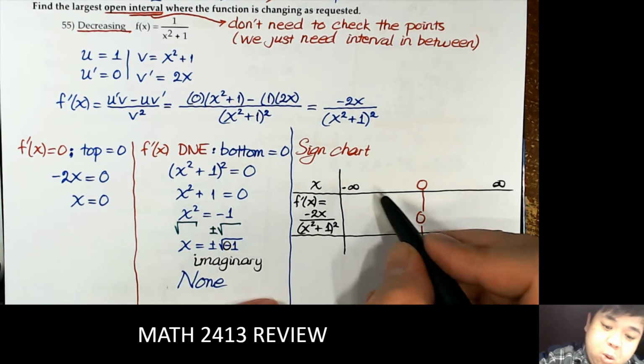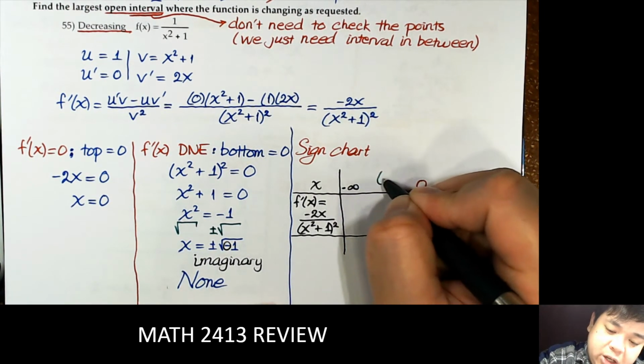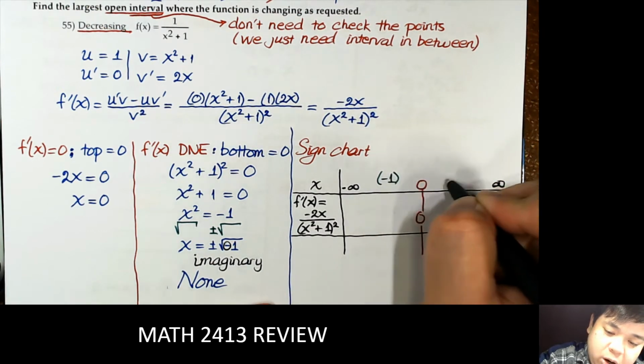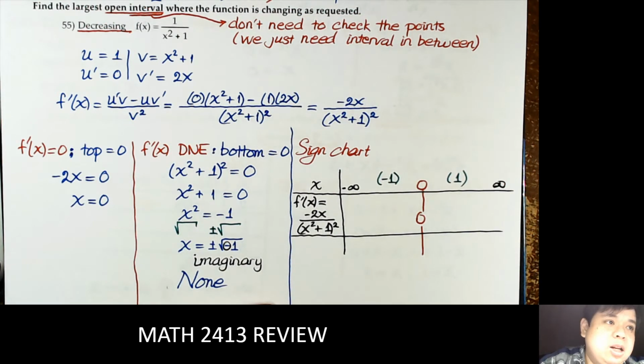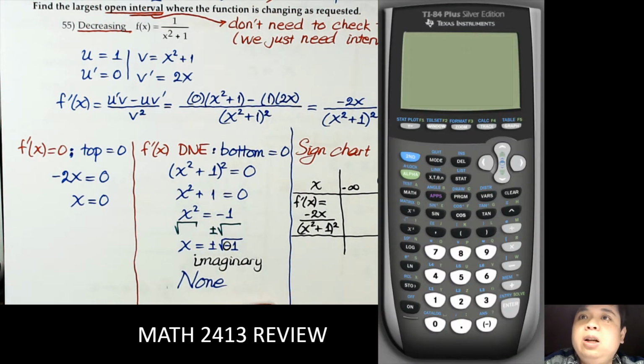Next we're going to pick a point here and here. Those are the test points. I use negative 1 and 1. Put it in the derivative. Let's use a calculator again, even though it's fairly easy to do without it.